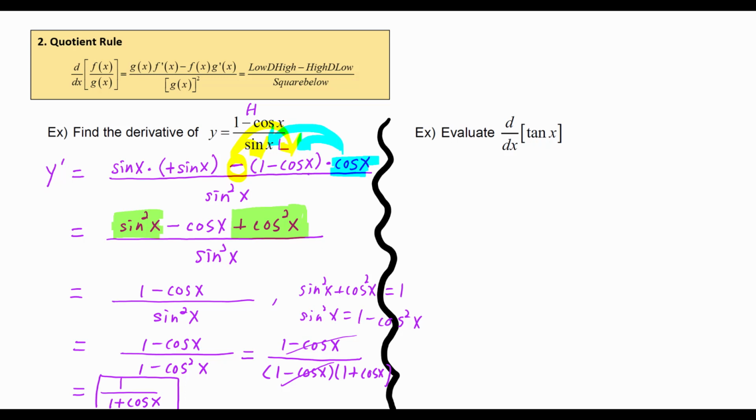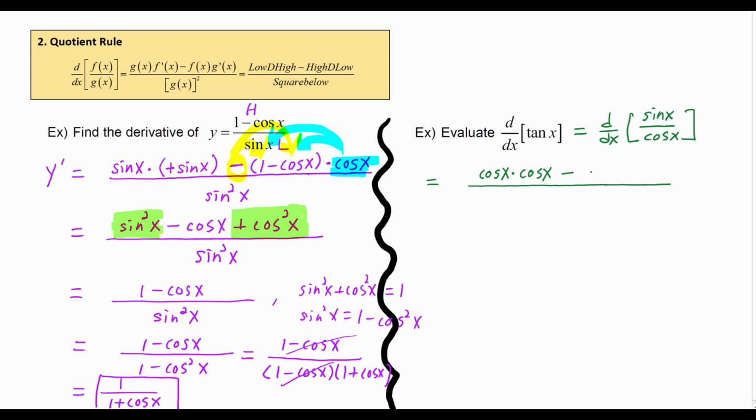So you can rewrite this as derivative of sine x over cosine x. Then now we can use a quotient rule, right? So that will be equal to low, which is cosine x, times d high. What's the derivative of sine x? Cosine x, minus high. So high is sine x times d low.